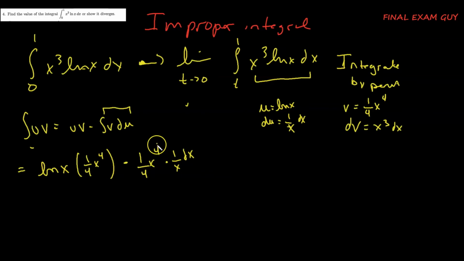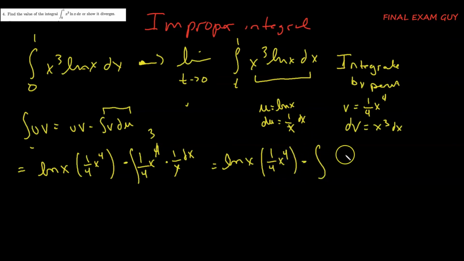Right, so this would cancel, this would become 3, so we get ln x times 1 over 4 x to the 4th, minus the integral of x cubed over 4 dx. And I forgot my integral sign here. These are from t to 1. Perfect.